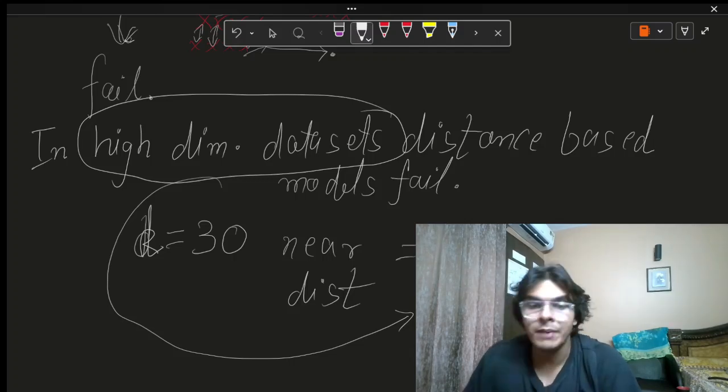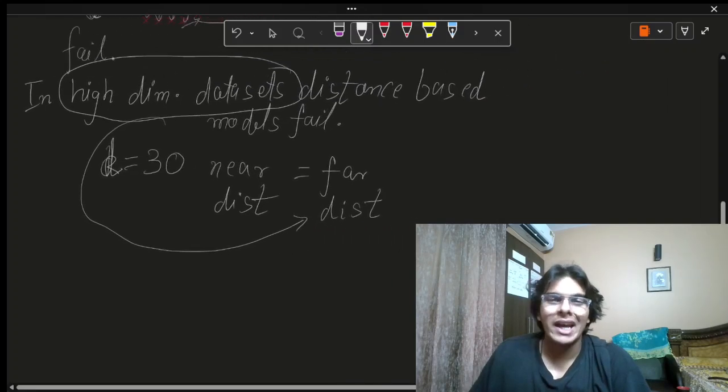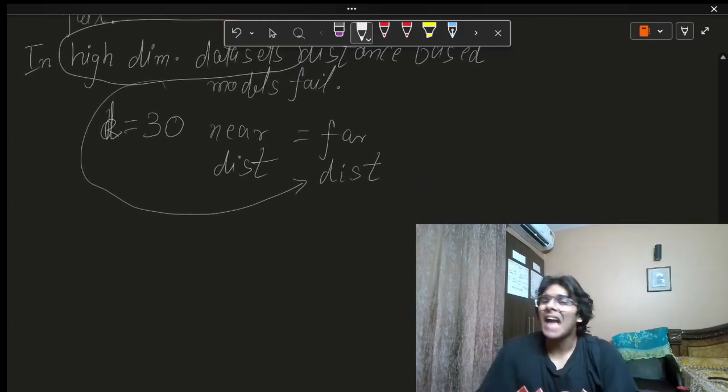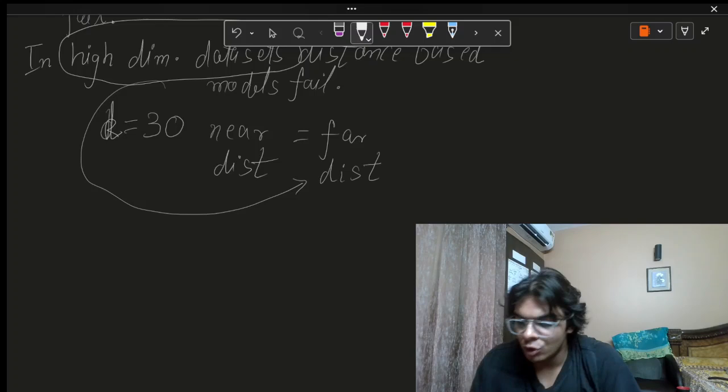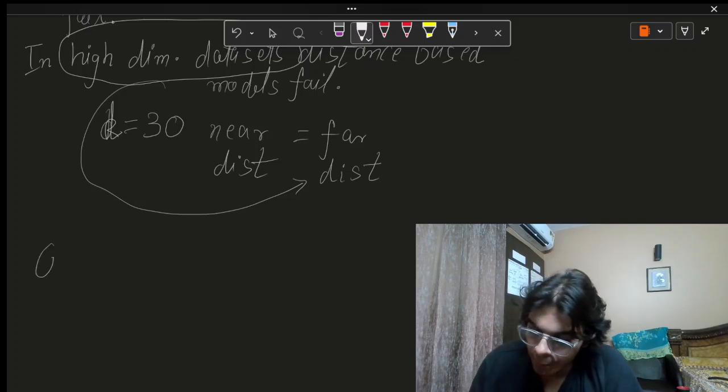Okay, the second problem, whenever we use KNN to calculate distances, we are usually using something like maybe a Mahalanobis distance or something like a Minkowski distance in order to calculate the distances. Now, calculating distances usually requires a time complexity of big O of n square.